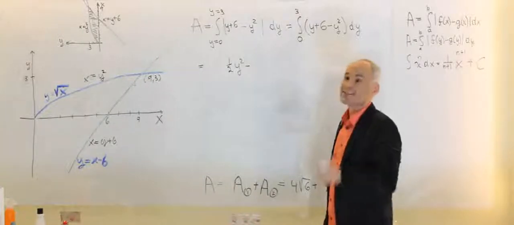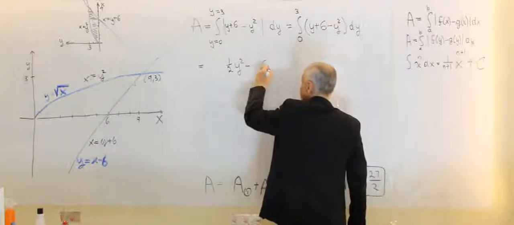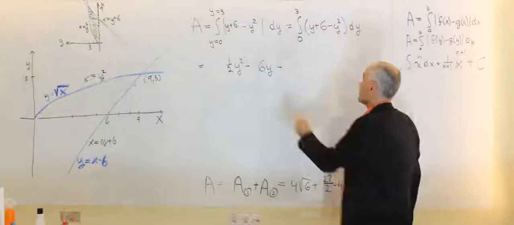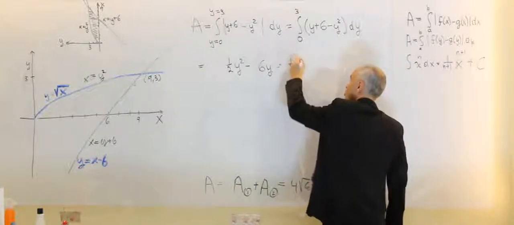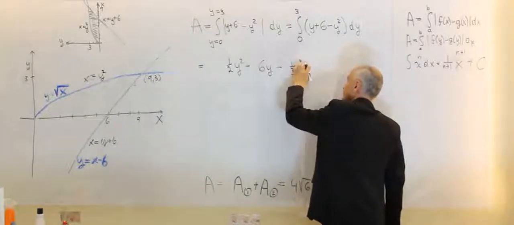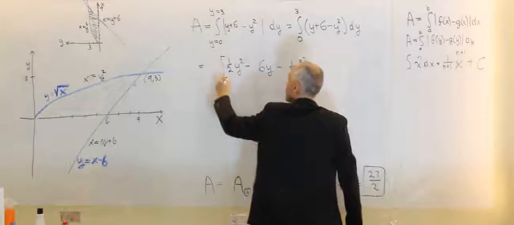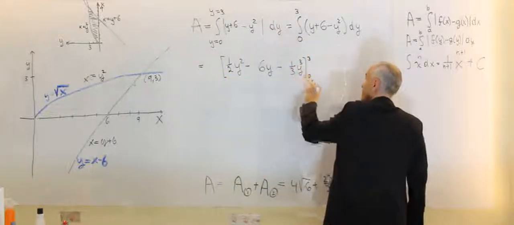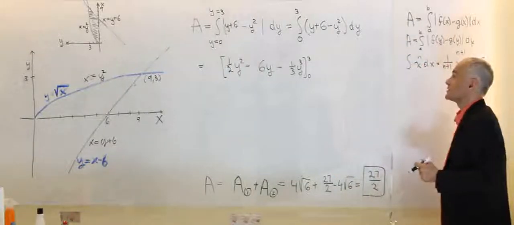The derivative of 6 is 0, but the antiderivative of 6 is 6y. And the antiderivative of y squared is 1/3 y cubed. And we need to evaluate this antiderivative at 3 and then subtract from this the antiderivative at 0.